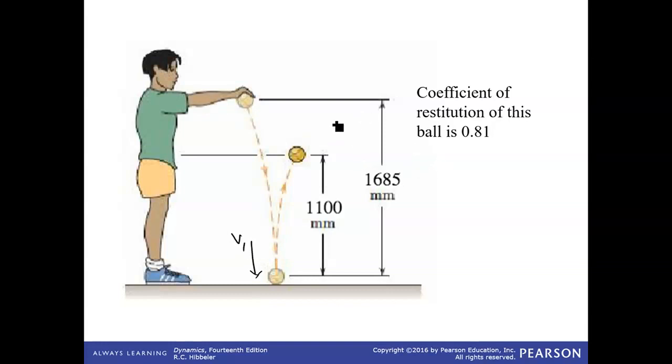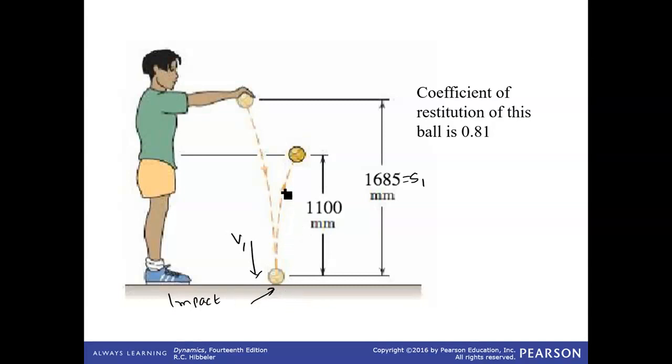Let's call this distance from the initial release s1, which is 1685 millimeters or 1.68 meters, and the ball hits the ground with some velocity v1. After hitting the ground, this situation is called an impact between the ground and the ball.